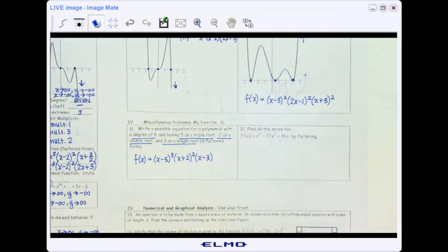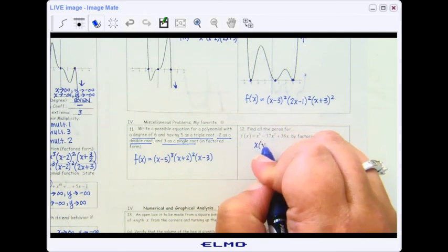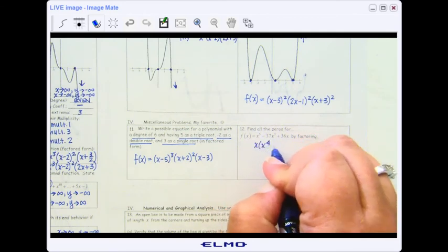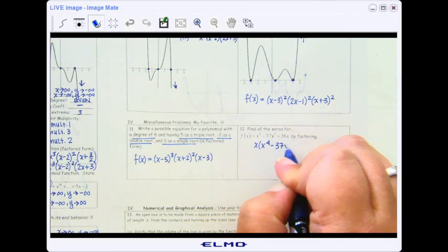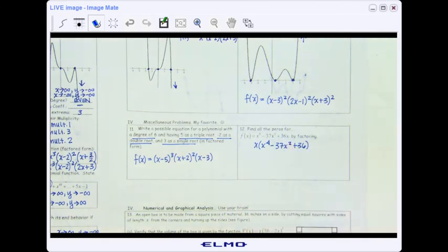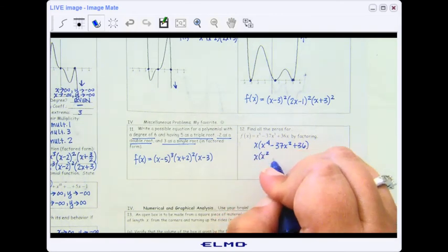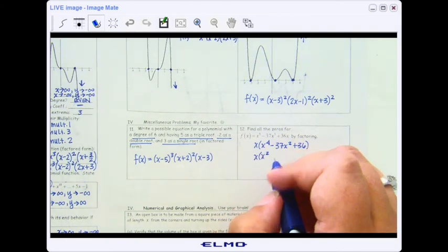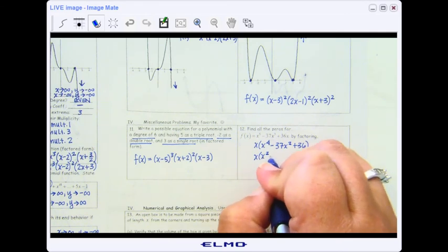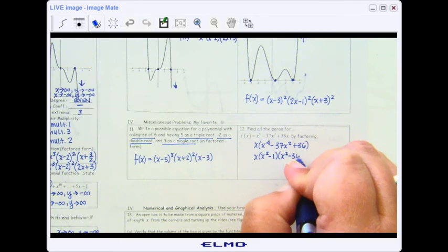In number 12, you're going to find all of the zeros by factoring. So I start by factoring out an x. So this is x times x to the 4th minus 37x squared plus 36. And when you factor, this becomes x times x squared minus 1 times x squared minus 36.